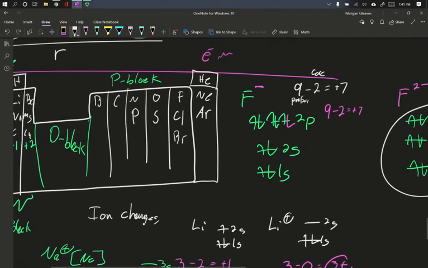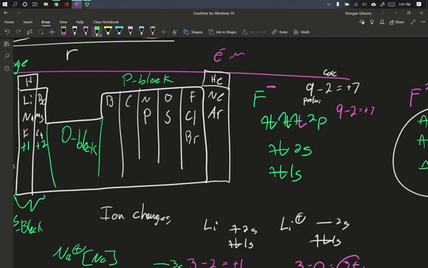This is why we see the same charges on a column. We expect a -1 charge on fluorine, chlorine, and bromine. We expect a -2 on oxygen and sulfur. We expect a -3 on nitrogen and phosphorus. That's the most electrons we can get in before any more would have to go to a higher shell. That higher shell isn't going to attract them, and so they stop adding.